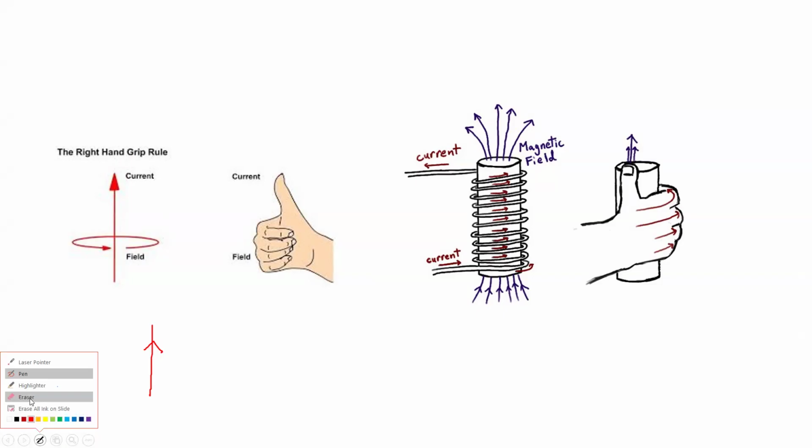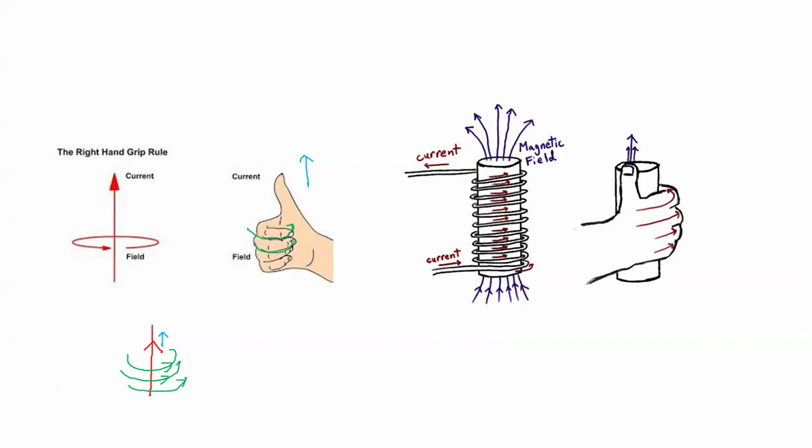If you make your right hand in the thumbs up action, the thumb should point towards the current direction. Then the curl of the four fingers will tell you the direction of the magnetic field. This is how the magnetic field lines are flowing.